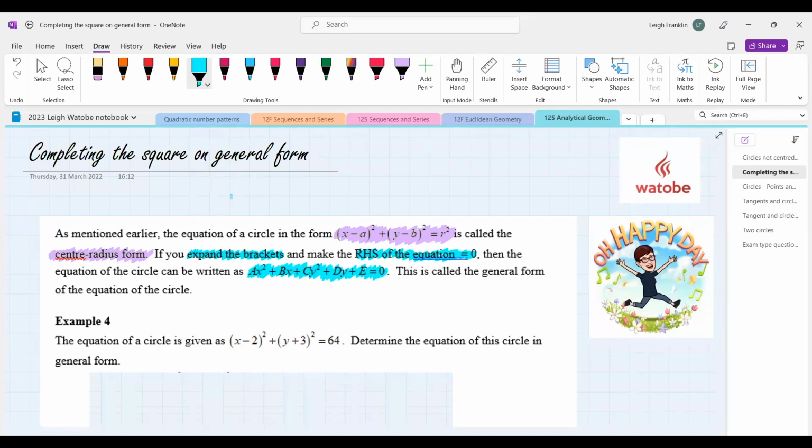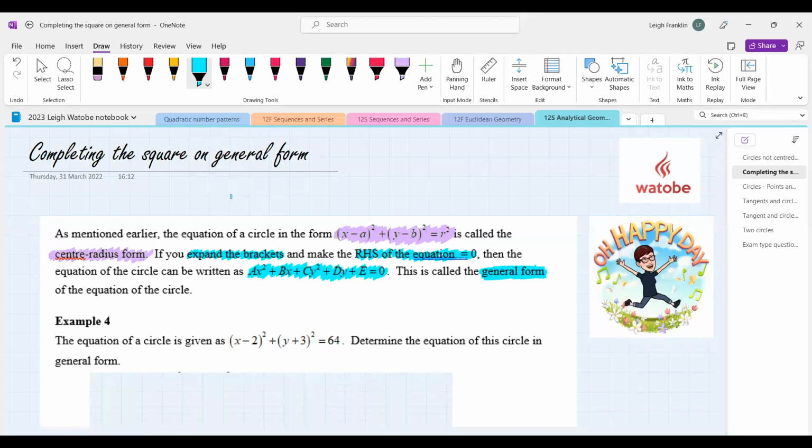And when it is in that form, we refer to it as general form. So you can be given the equation of a circle in either of these two forms. Either in your exam, you'll see it's already in center radius form, or they can give it to you in general form as well.